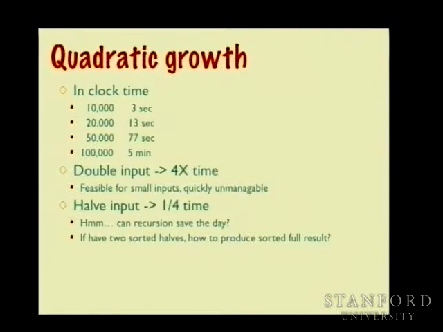So if I had a data set of 100,000 elements, and it was going to take me 5 minutes if I tried to sort it in one batch, if I divide it into two 50,000 element batches, it will take just a little over a minute to do each of them. Well, if I had a way of taking a sorted 50,000 element input and another sorted 50,000 input and putting them back together into a 100,000 combined sorted collection, and I could do it in less than 3 minutes, then I'd be ahead of the game.